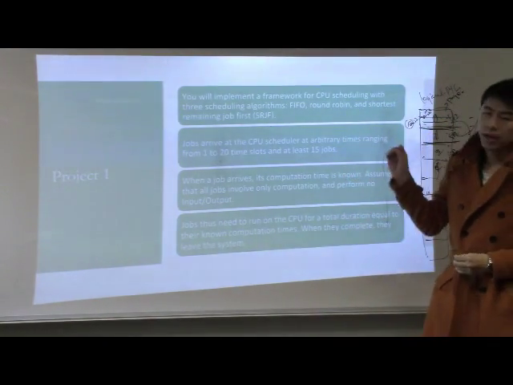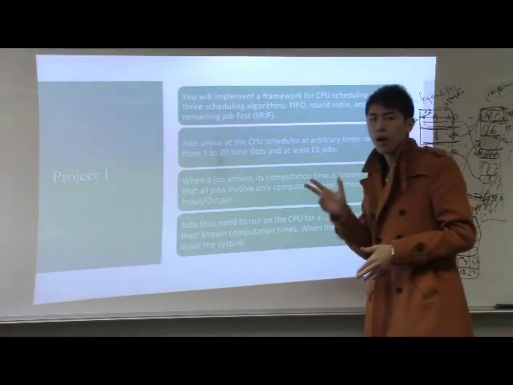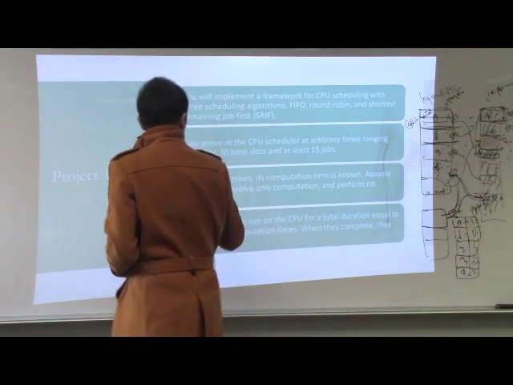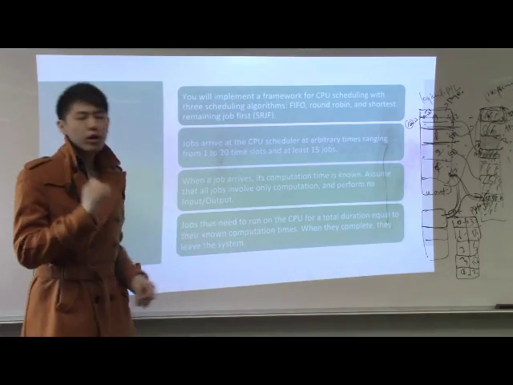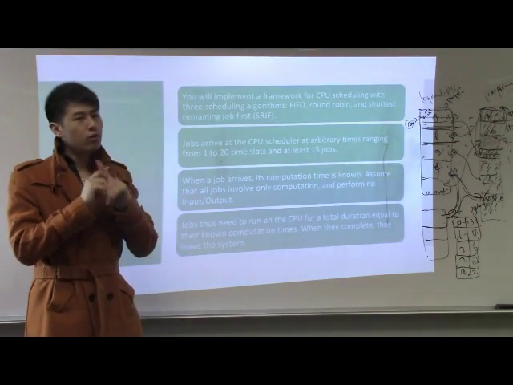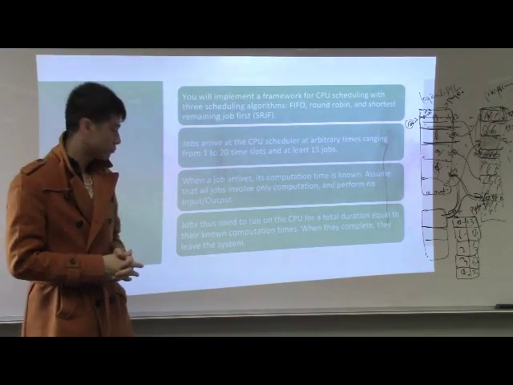The jobs will arrive at the CPU scheduler at any time. It ranges from 1 to 20 and at least 15 jobs. And when a job arrives, you know the computation time. And in this project, you don't need to consider I/O or anything else.